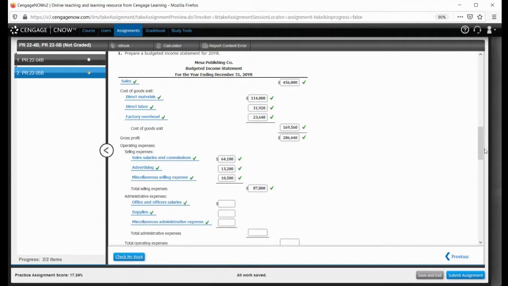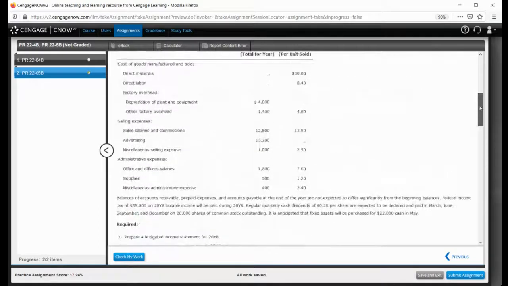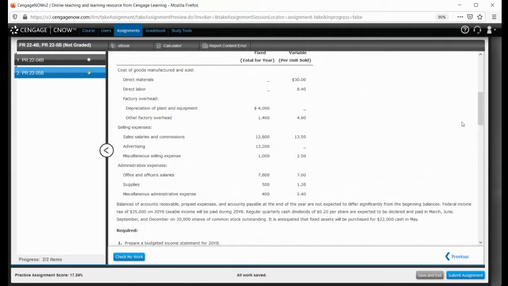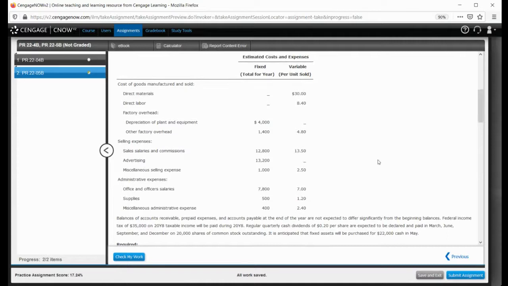Once you have your categories, we're going to determine the amount first of our office and officers' salaries. And you can see here that they had some that were variable cost.